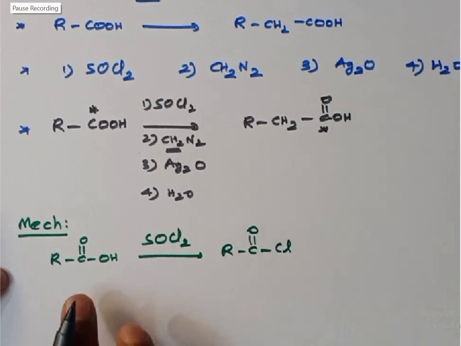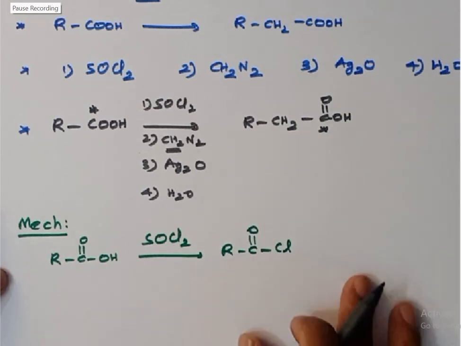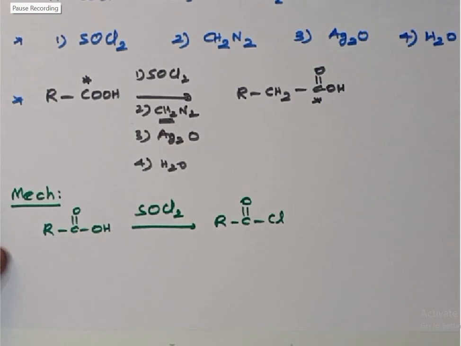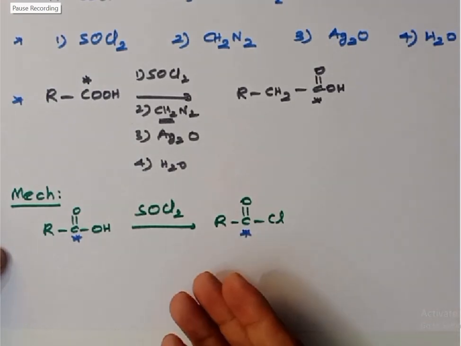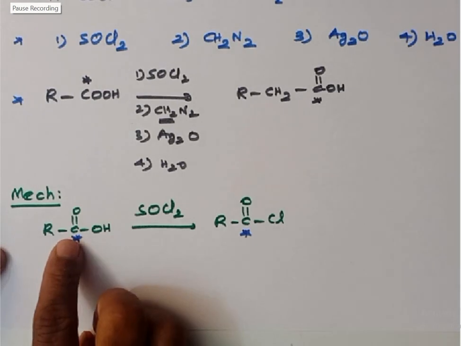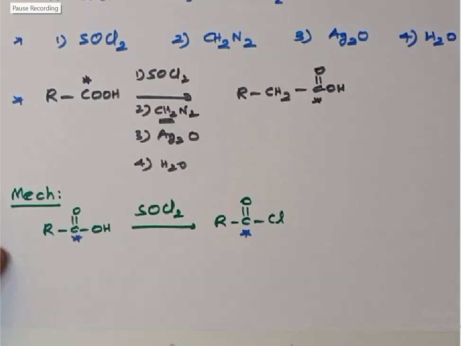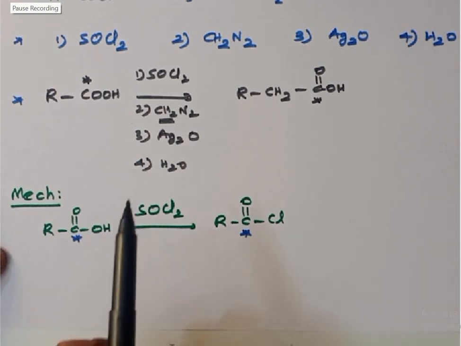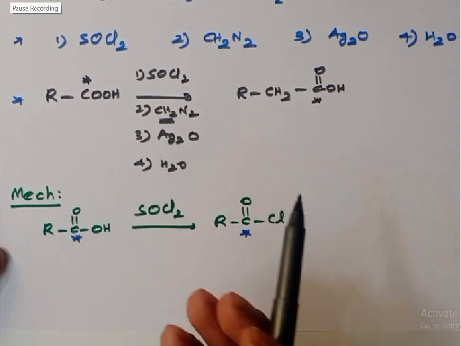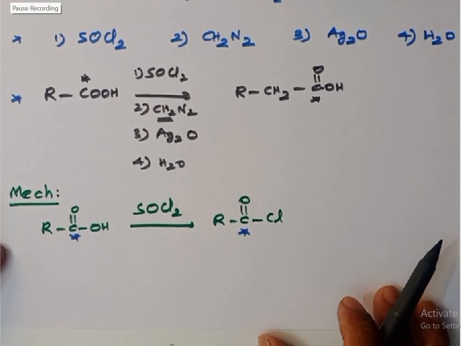So we can convert a carboxylic acid into an acid chloride. Let me label the carbon just for identification purposes. Labeled carbon means instead of C12 carbon, we have C14 carbon here. And this is a very simple technique to understand the mechanism of the reaction.